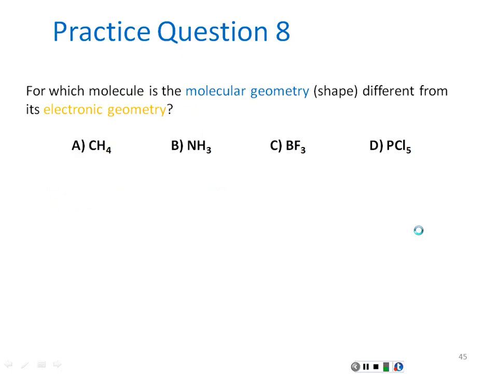So here's another practice question. Now we're looking for molecular geometry. Which molecular geometry is different from electron geometry in these 4 molecules? So which molecule has a molecular geometry that differs from its electron geometry?